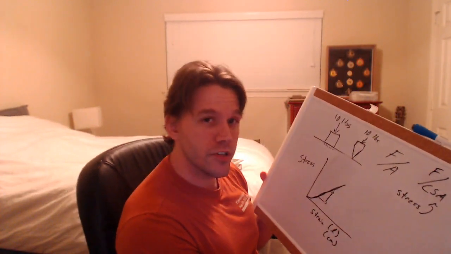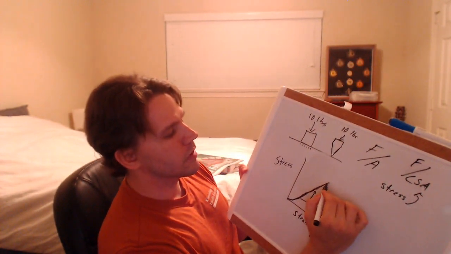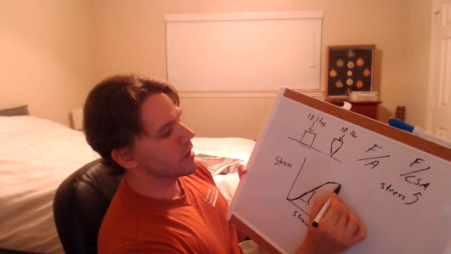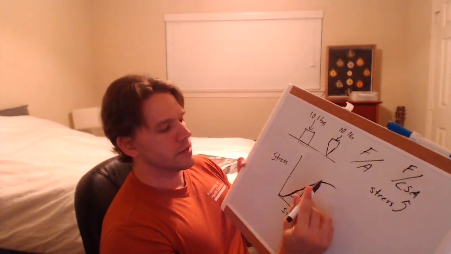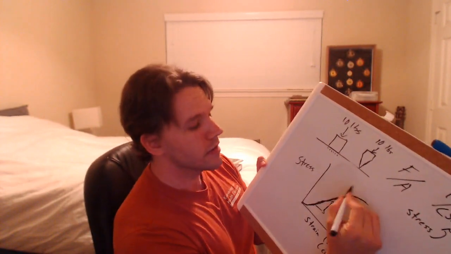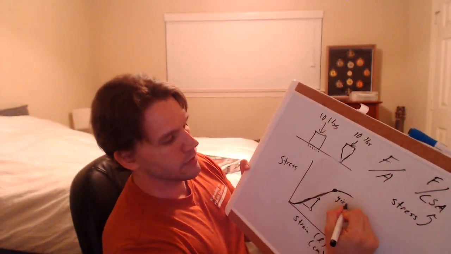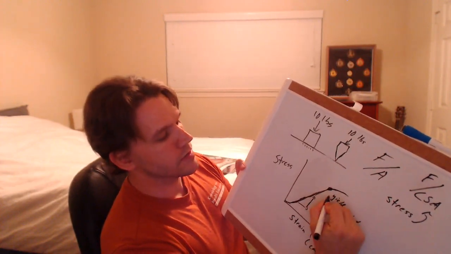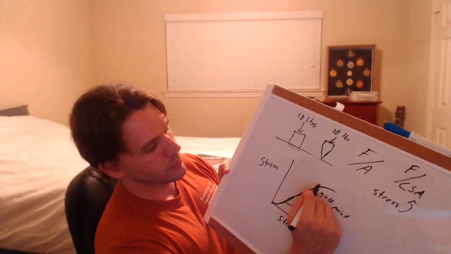Like I said before, every tissue has its own tolerances. So at some point we get to a point where maybe the slope is going to start leveling off here, right? And what this means is that the tissue is starting to yield. In fact, it's often called a yield point. So this point right here almost looks like a weird letter or something.